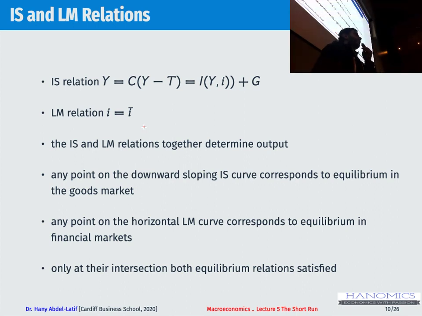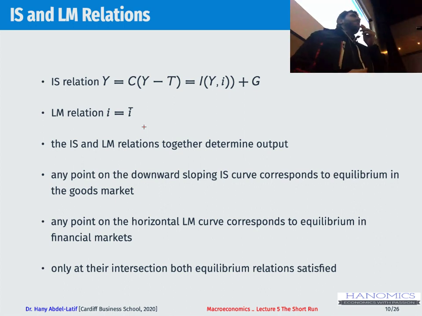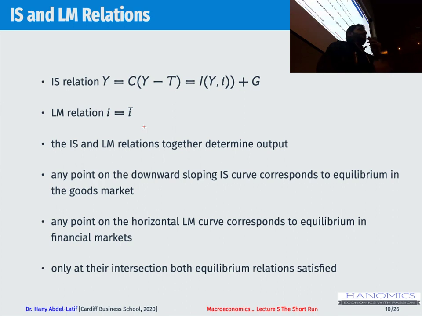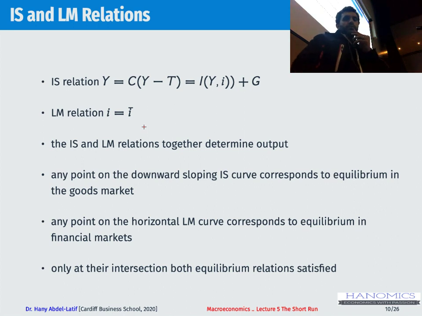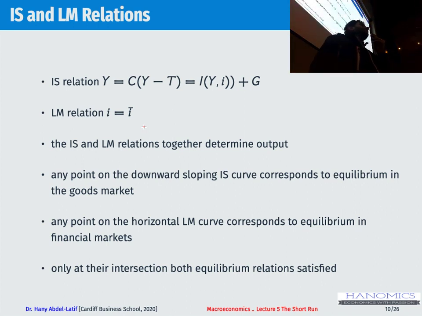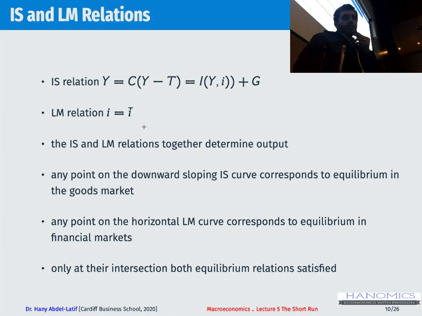So you have both markets cleared when you have the interaction between both, which gives us, as you might expect, the intersection point between both curves. As I explained before, this needs to be clear. You need to understand this well. Any point on the downward sloping IS curve corresponds to equilibrium in the goods market.